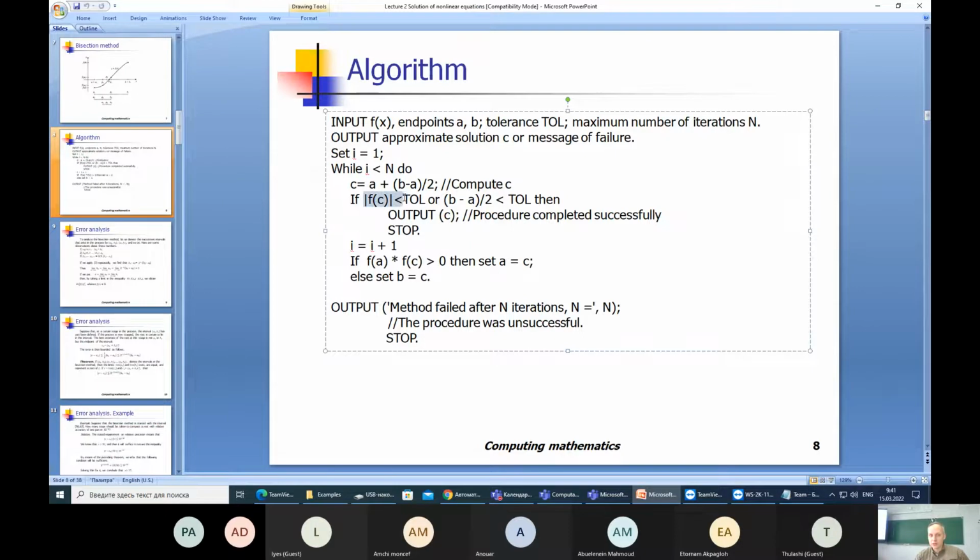Here the stop condition is written two times. The first stop condition is k smaller than n, and the second stop condition is that the length of the interval is smaller than tolerance, or the value of the function is smaller than tolerance.